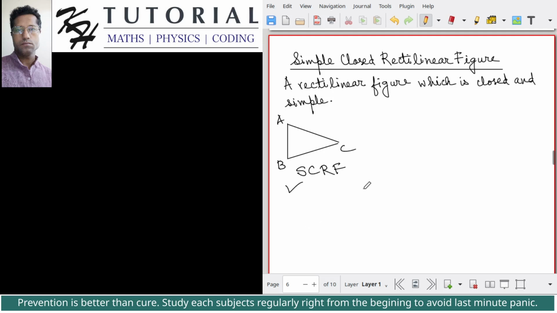Now, is this a simple closed rectilinear figure? So this was the starting point and this was the ending point.